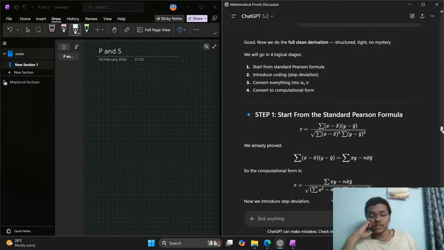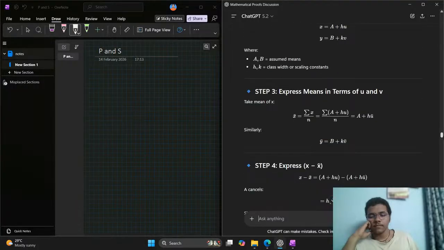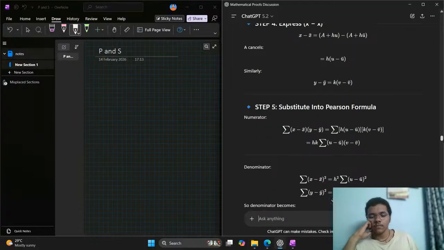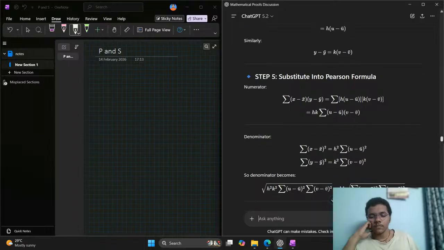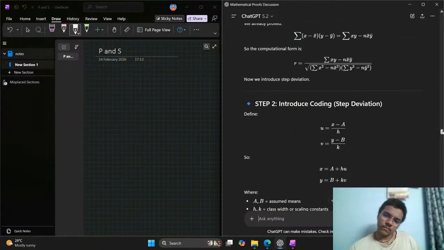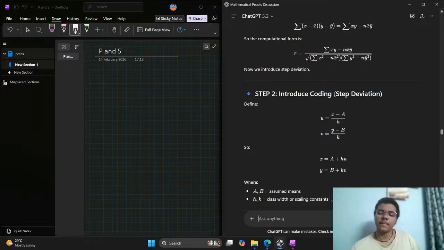I started from standard deviation. So in the place of x, you can write a plus hu, and in the place of y, you can write b plus kv.